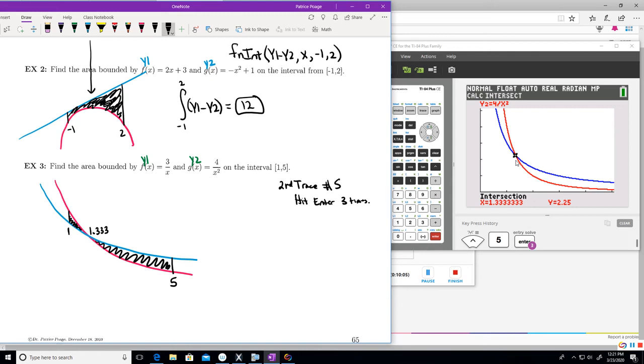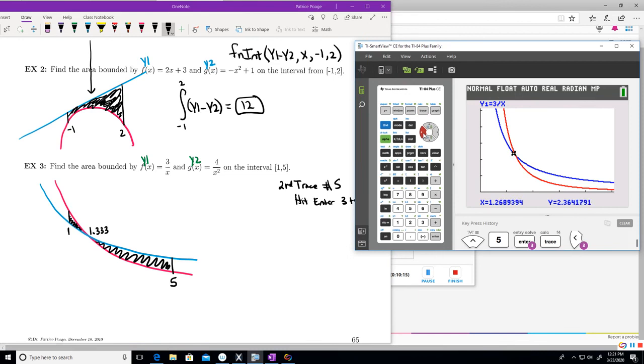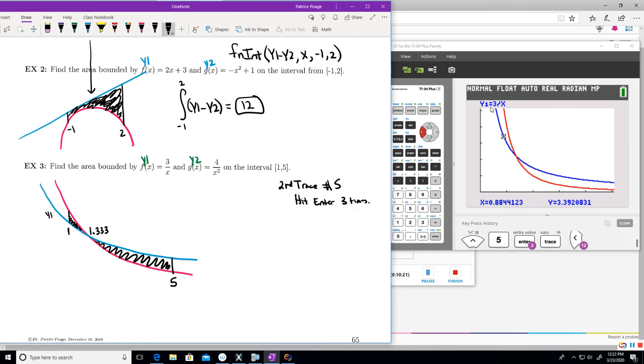And we're having to break it into these two parts because they switch places of which one is on top. Okay? So speaking of, hit trace and start moving your cursor so you can see where Y1 is. So this is Y1, this one's Y2, and so that means this one's Y2, this one's Y1.